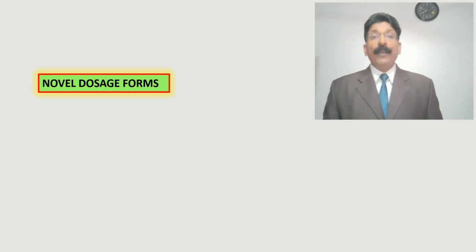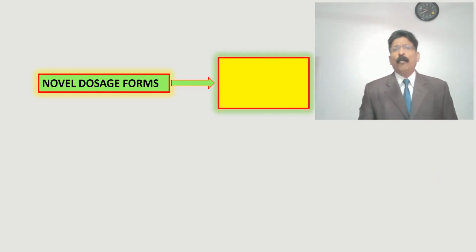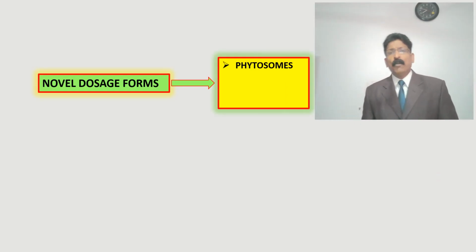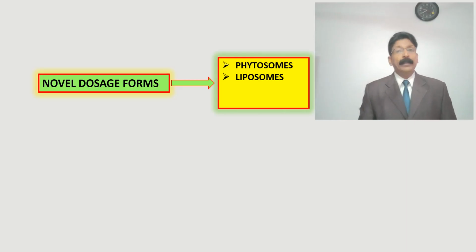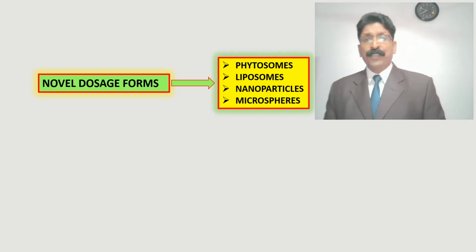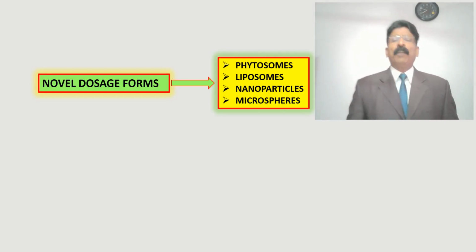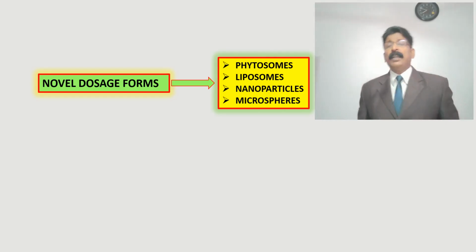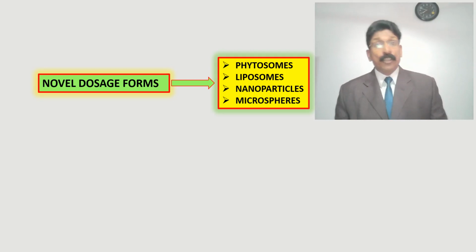Now we are coming to the novel dosage forms, where we have to discuss phytosomes, how to prepare them, the definitions of liposomes, and nanoparticles and microspheres, which you come across in your biopharmaceutics. But still I have given some brief explanation for the students to have an idea.